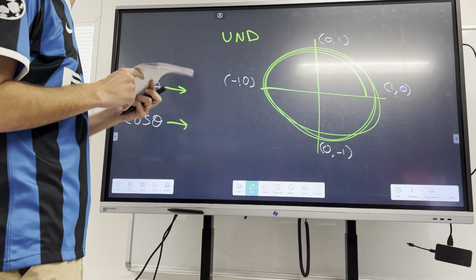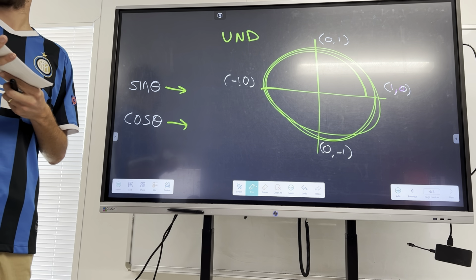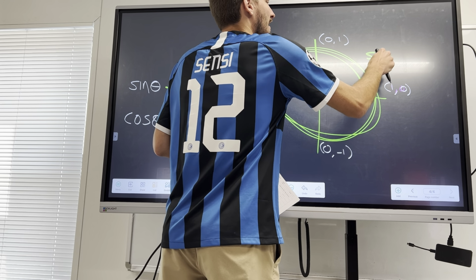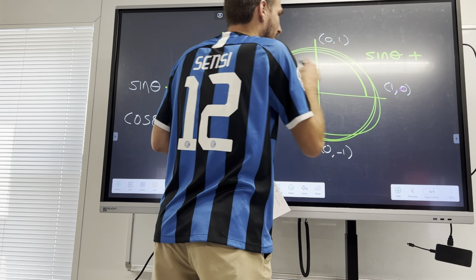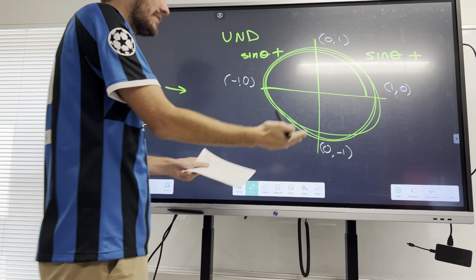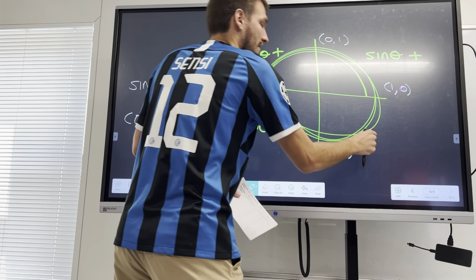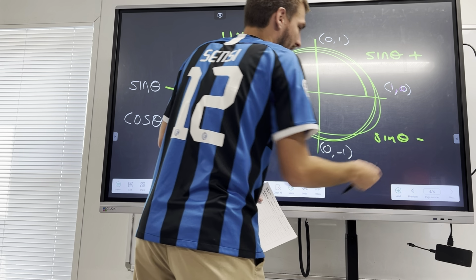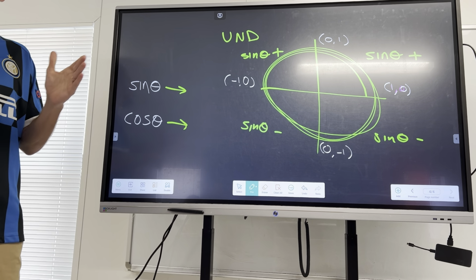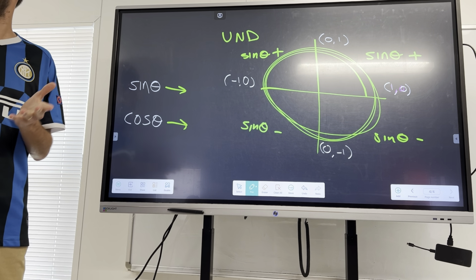In what quadrants would sine be positive? 1 and 2, right? So this is sine positive, this is sine positive, and down here, sine is negative and sine is negative. So looking at this, does it look like sine is affected by the x values, or the y values?